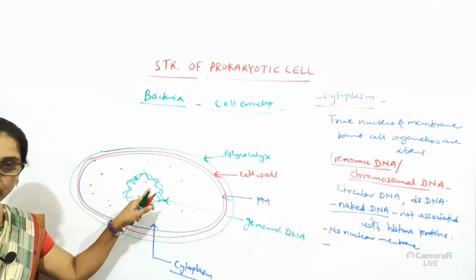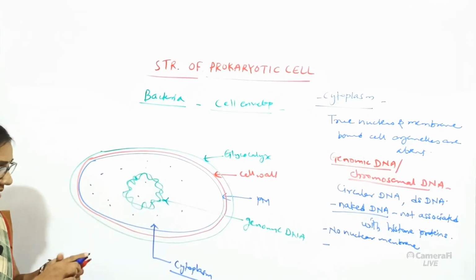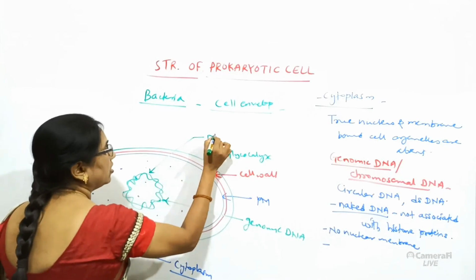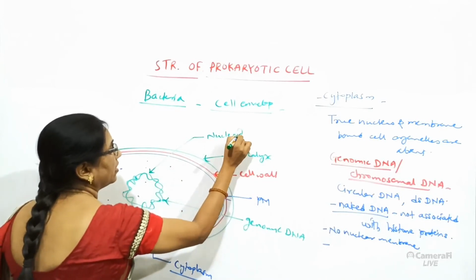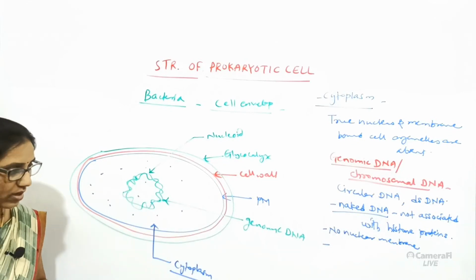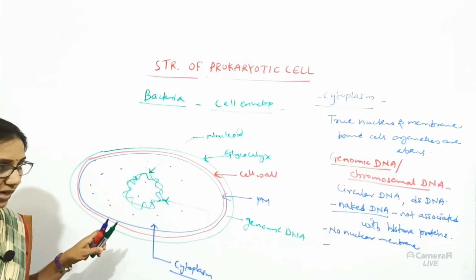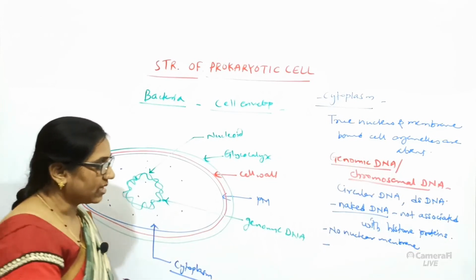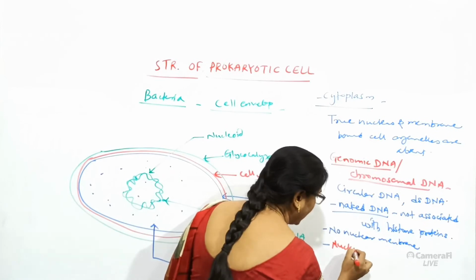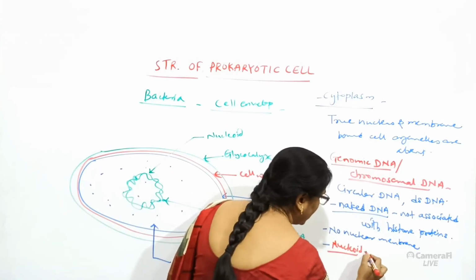This part of the cytoplasm where the DNA is scattered, what is this part called? It is called a nucleoid. There is no special nuclear membrane. The nuclear envelope is completely absent. The part of the cytoplasm where this DNA is present is called a nucleoid.